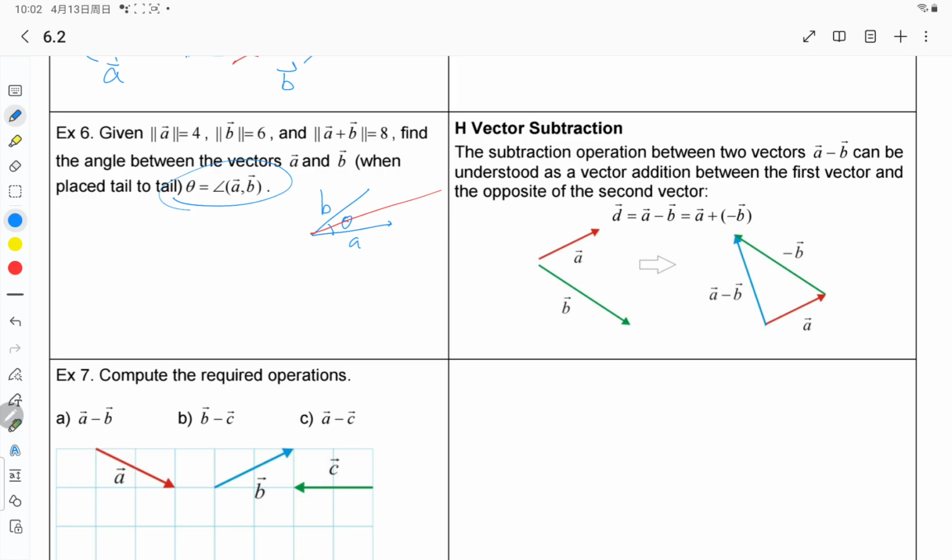What is this asking? Find the angle between vectors a and b. Again, we have a plus b, this length, and we want to use it, of course, because it's given as a condition. So gamma is here, and this is our theta.